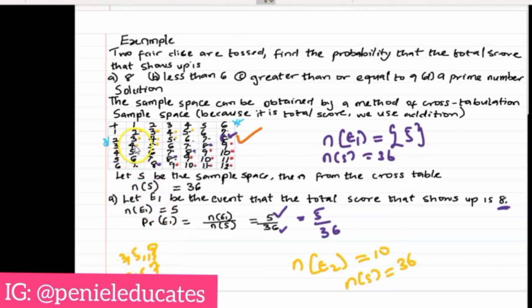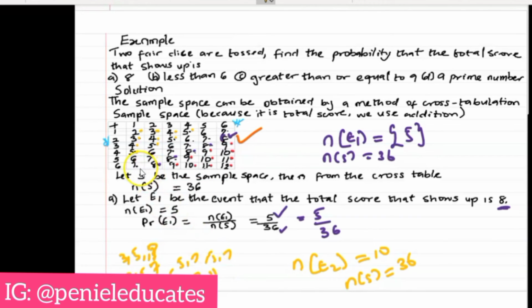Then in the third row, I have 5 and 7, and another 5 and 7. That's 1, 2, 3. Then the fourth row, I have 5, 7, and another 5, 7. That is 1, 2, 3, 4. Then the fifth row, I have 7 and 11.